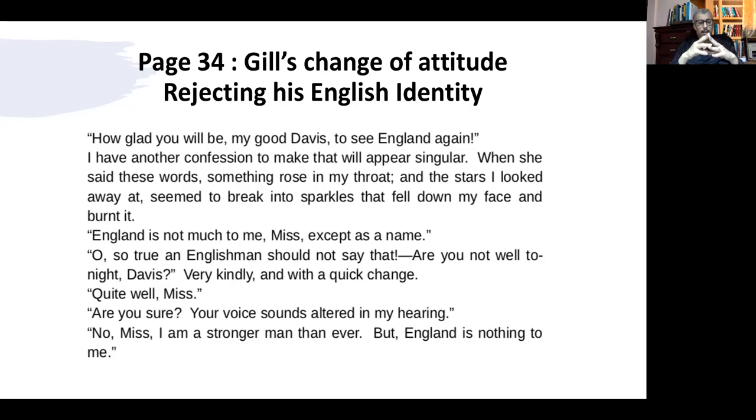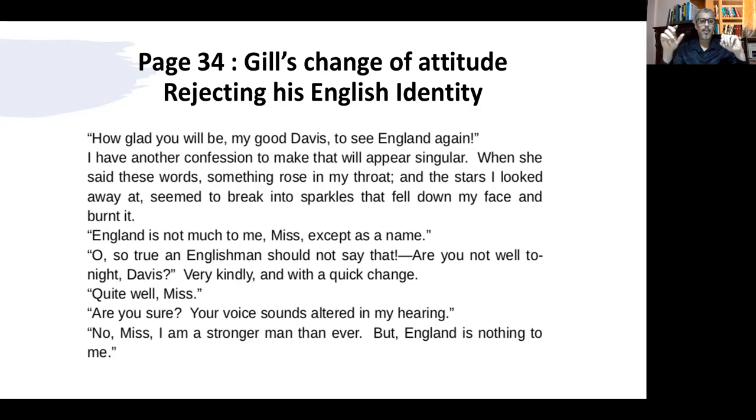Now here, she asks him the question: "How will you be, my good Davis, to see England again?" "I have another confession to make." He's talking here. "That will appear singular. When she said these words, something rose in my throat." He's being very sentimental here.